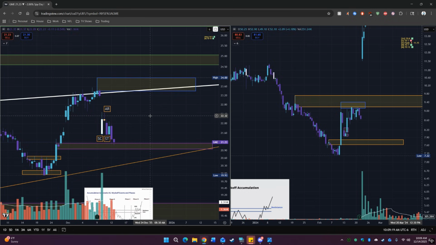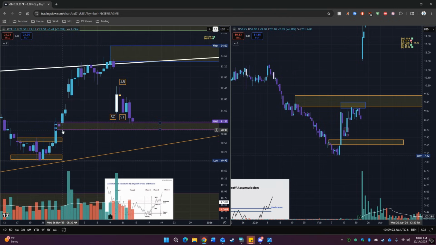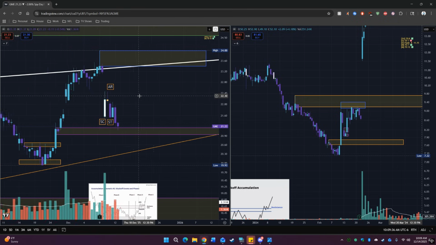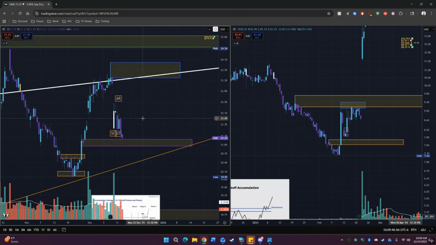If it's a demand zone, like on the 4 hour here, you drop from the bottom wick up to the bottom body of the next candle, and then draw it over. That's your support zone, your demand zone. So that is our range.